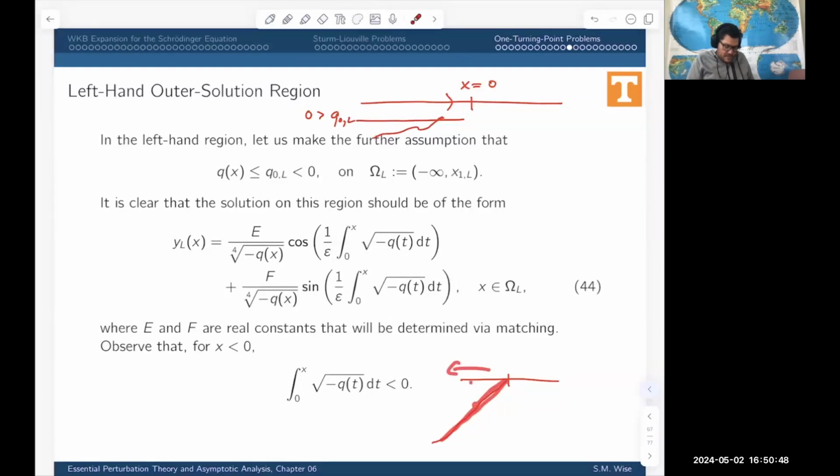But it's negative and it's becoming more negative as I make x more negative, which is exactly what I want because I'm looking at the solution on the left-hand side of this domain. So that should basically function like a cosine or sine does. You have to keep that in mind when we do the matching, because this function is a function of x, and it's negative and becoming more negative as x becomes more negative.